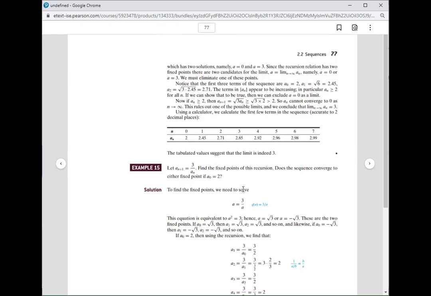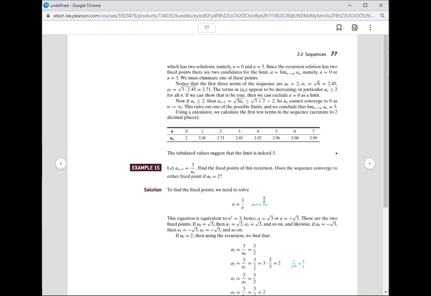Okay, so there's another example. Find the fixed points of the recursion and then test whether the sequence converges to the fixed point if a0 is equal to 2. We can find the fixed point first.